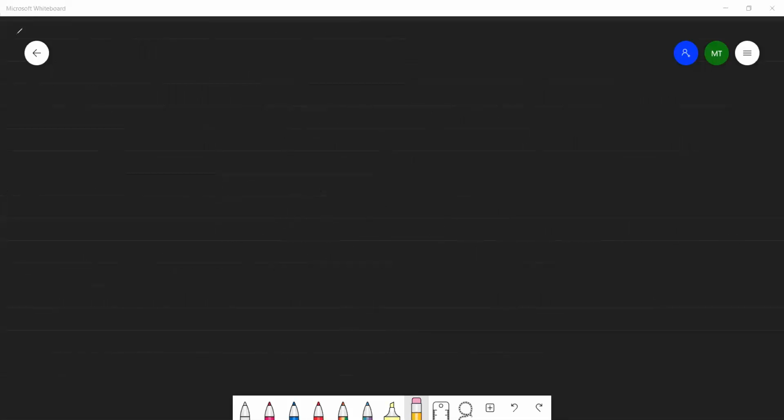Third one, trend analysis. So the trend refers to the tendency of movement. Okay, trend analysis refers to the tendency of movement.